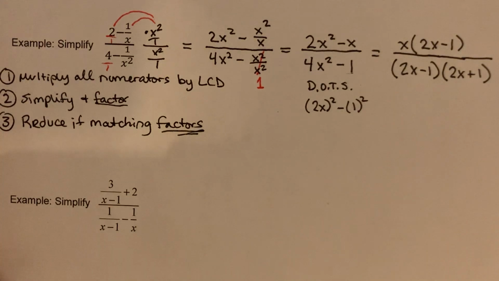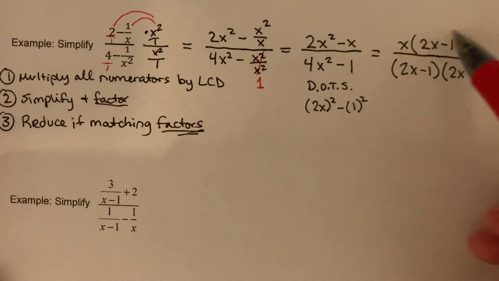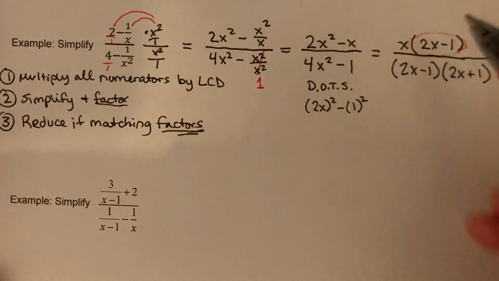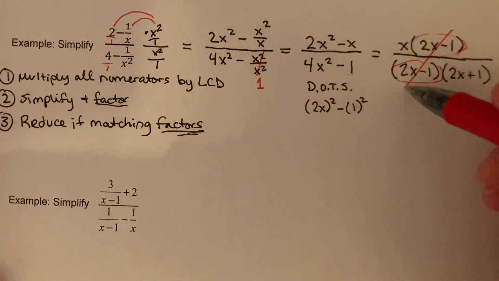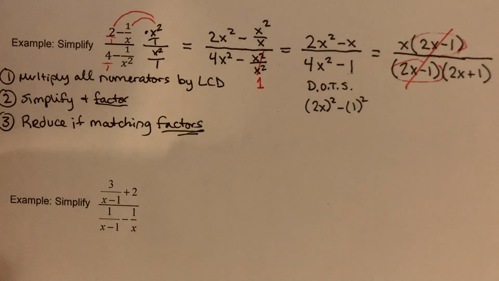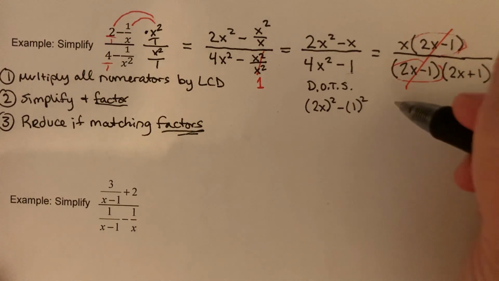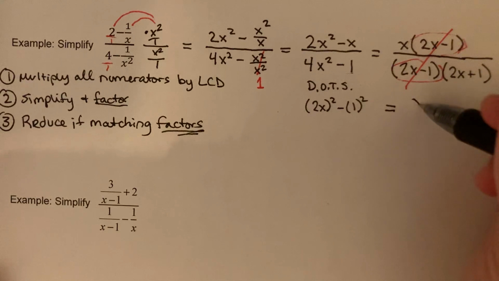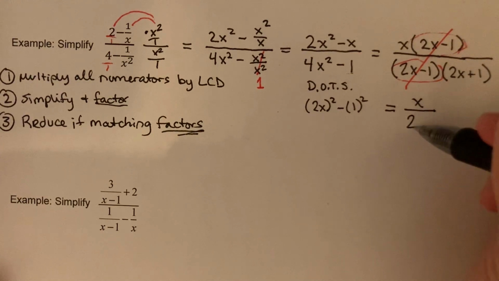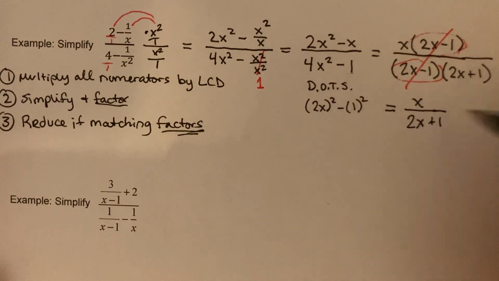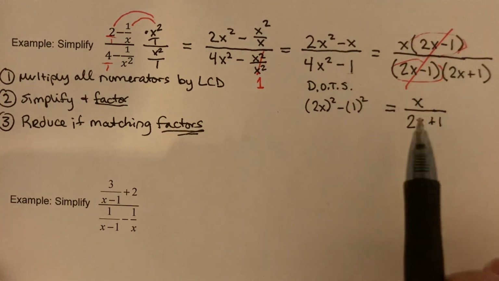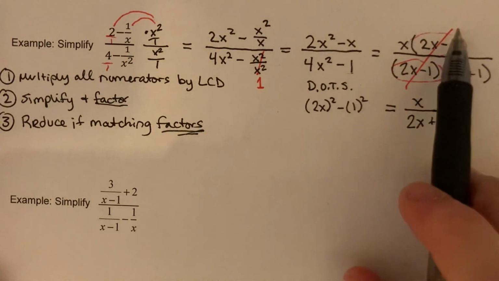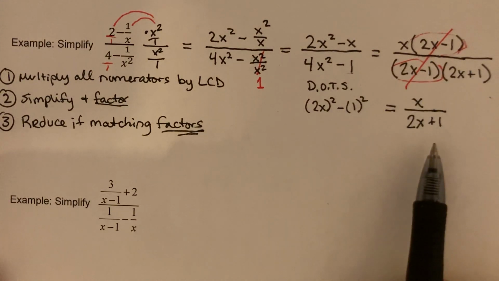That doesn't work. But if an entire factor, a piece being multiplied, matches in the top and bottom, then we can cancel. So what we get after it's reduced is x over 2x plus 1, right? Those are the remaining factors after we cancel.